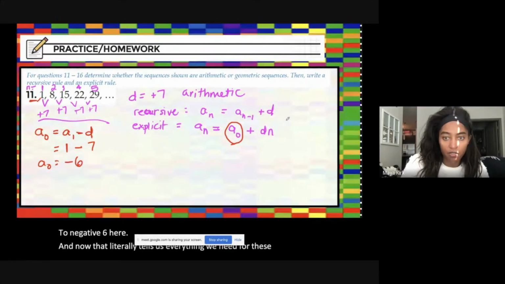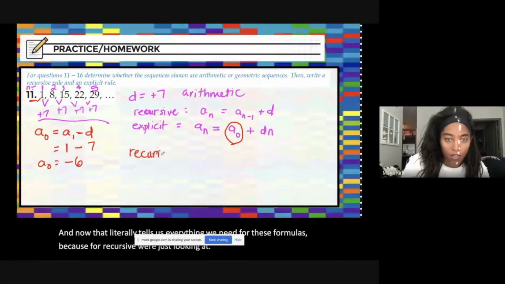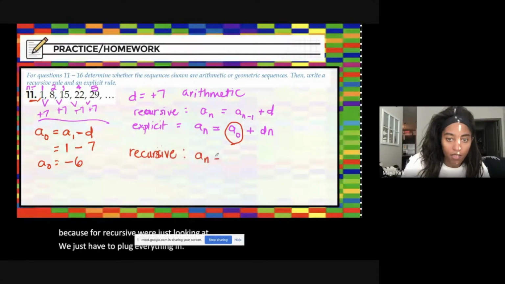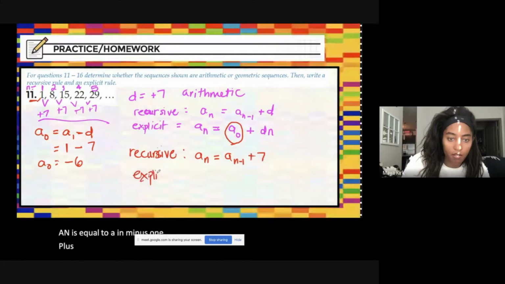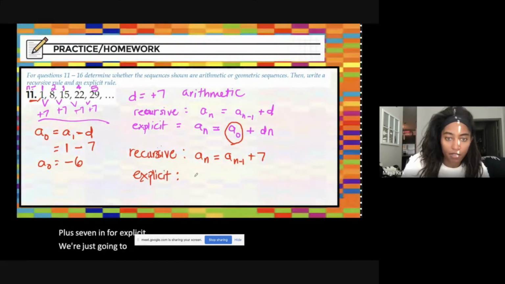And now that literally tells us everything we need for these formulas. For recursive, we just have to plug everything in. AN is equal to AN minus 1 plus 7. And for explicit, we're just going to plug in A0, which is -6.